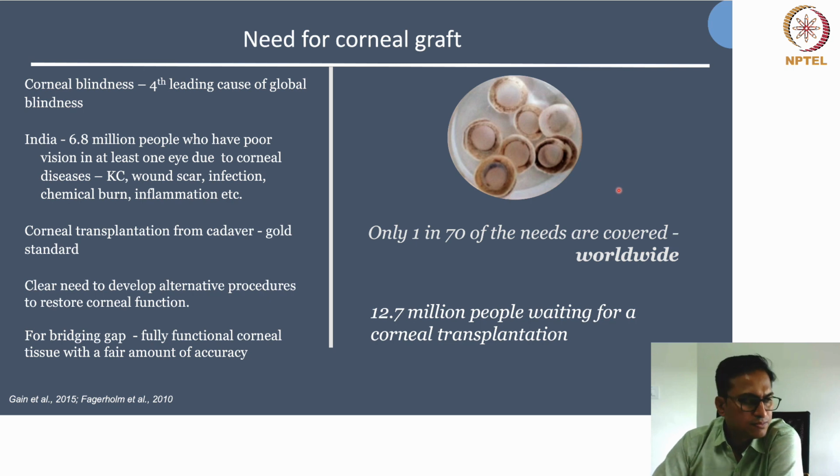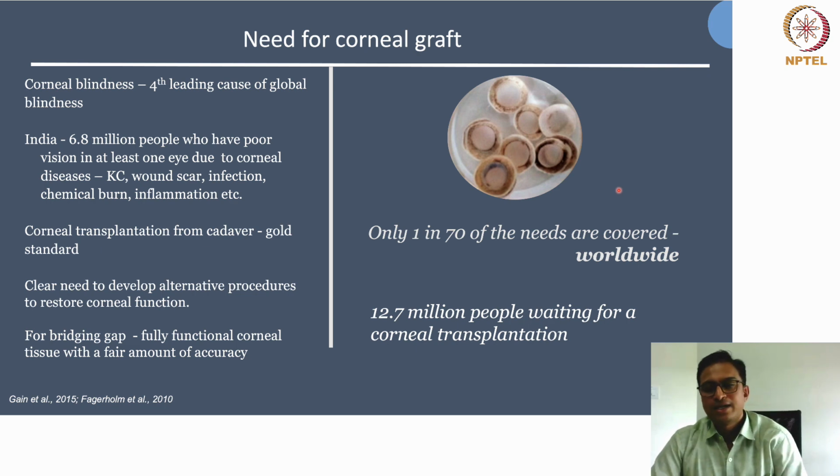Now, in most cases the cornea is fine, but there are certain instances, like trauma, injury, or burn. It can be a chemical burn or another burn, and also some physical injuries. In certain cases, bacterial, viral or fungal infection can lead to corneal blindness.